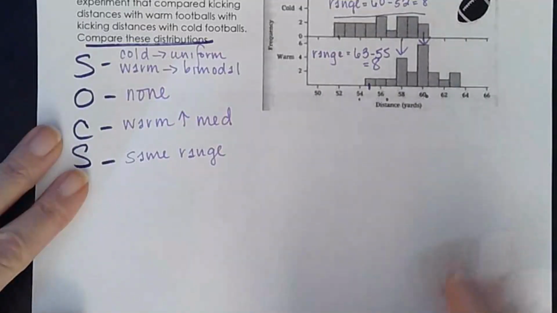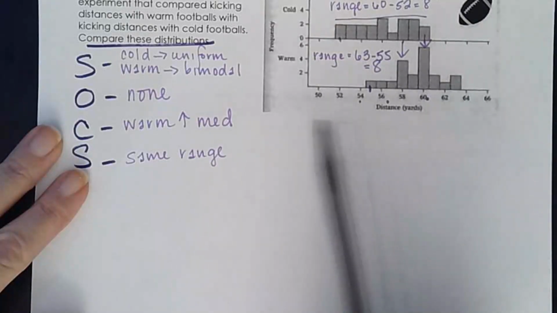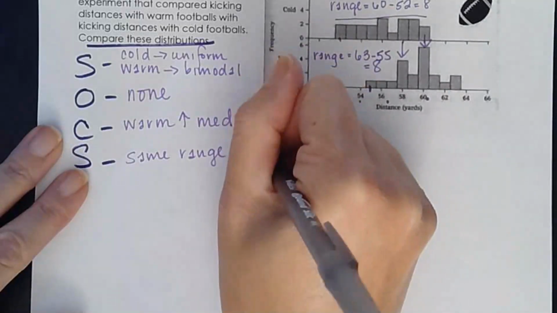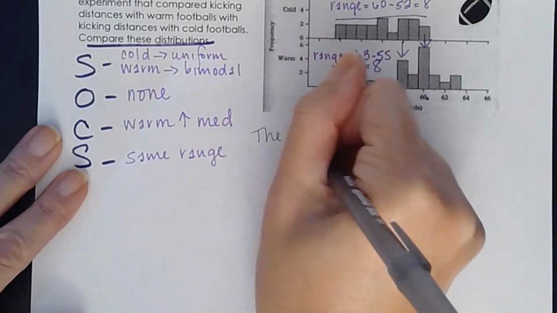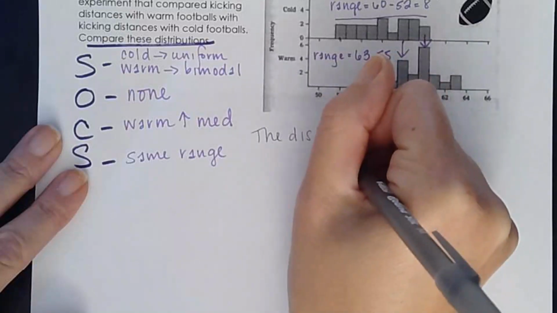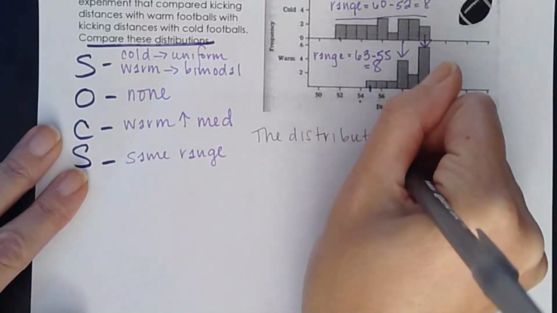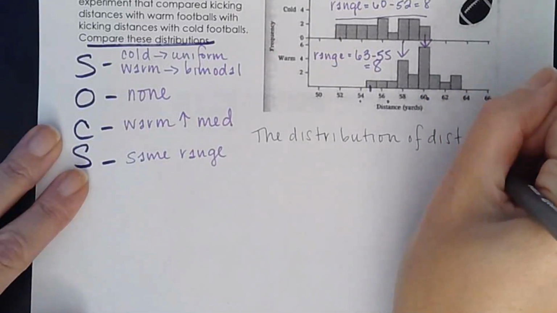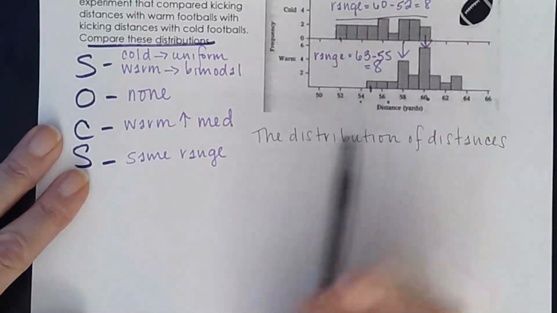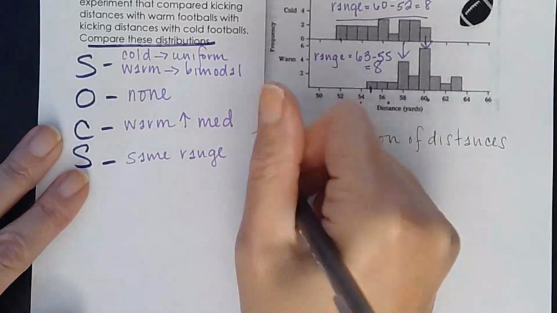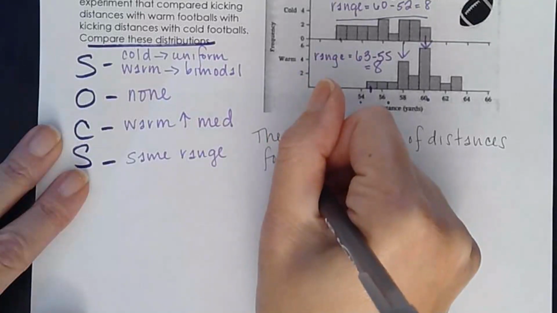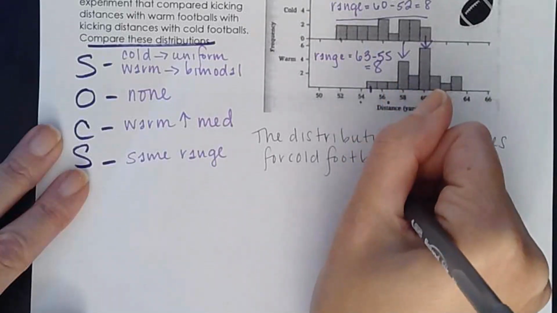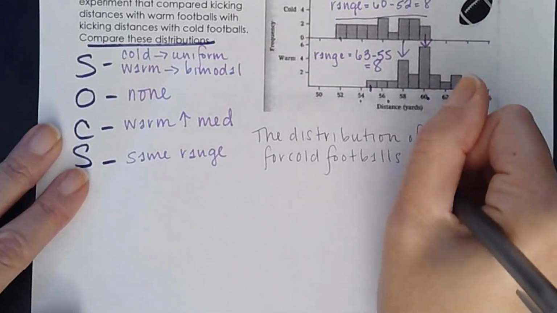The distribution for distances for cold footballs is uniform. However, for warm is bimodal. The distribution of distances, because they're talking about how far the football's kicked, for cold footballs is uniform.